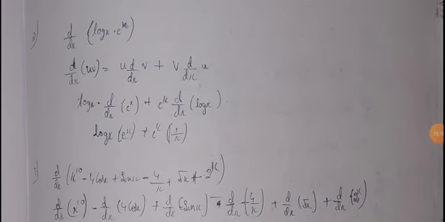So log x into d/dx eˣ plus eˣ into d/dx log x. So therefore log x eˣ plus eˣ into 1/x. As you know, d/dx log x is equal to 1/x, you learnt that in the derivation rules. So therefore it is 1/x.